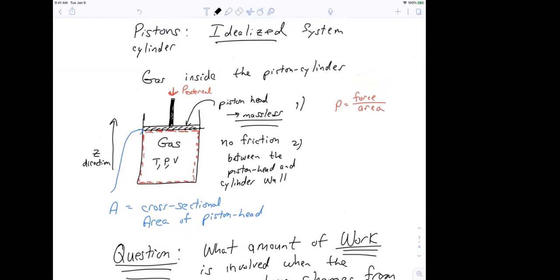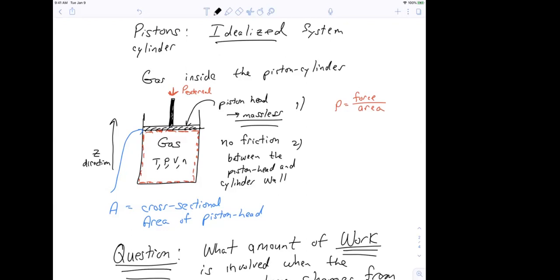And these are the variables that characterize this equilibrium. We can say that there's a certain number of moles, but of course, N is not going to change. So we can either opt to choose N to be here or not. Okay, so the moles don't change in this example.